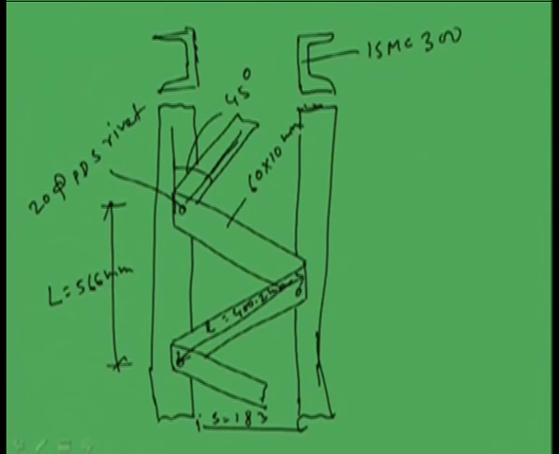This gauge distance we also know, A, which is A equal to S plus 2G, that is becoming 283.